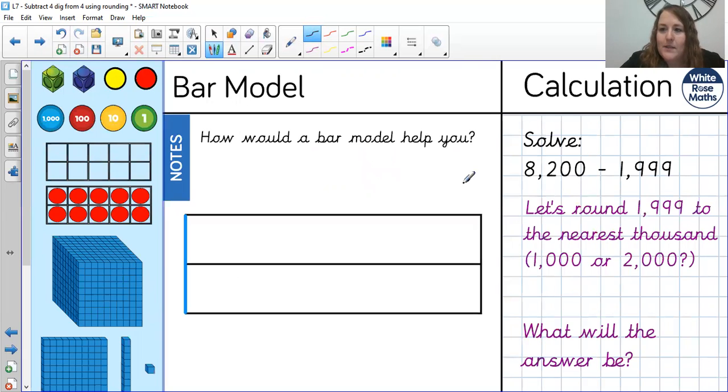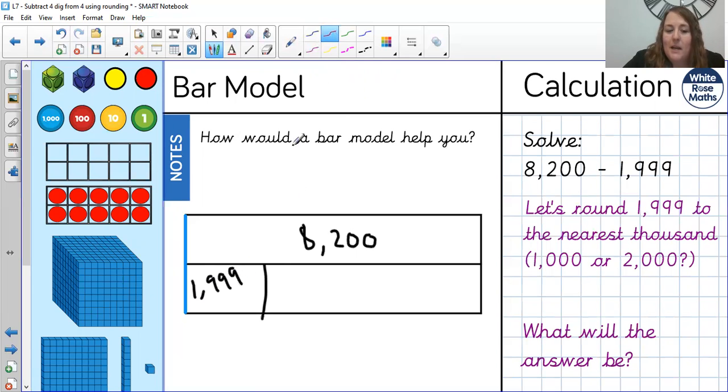Okay, bar model, how is it shown? Exactly the same as yesterday. Your 8,200 is at the top and we're wondering what goes into that number. So we know at the moment they've told us that 1,999 go into that number. If we imagine for now that it's a little bit bigger at 2,000, we can work out what else goes into it.